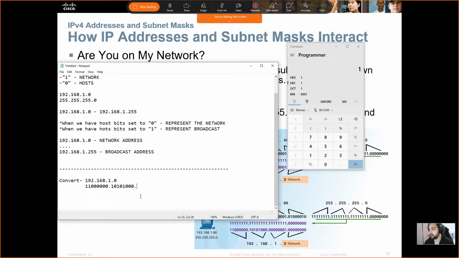So 1 can be translated to 0001 according to my calculator. But this portion of the address needs to have 8 bits. So I need to fill in the rest of the bits with zeros. Okay? Until I get 8 bits.